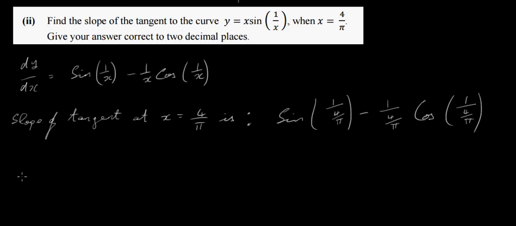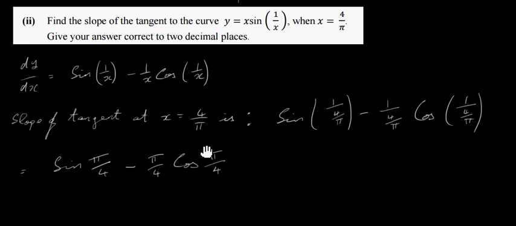Let's work all that out. The sine of 1 over 4 over pi is just sine of pi over 4. Just flip it upside down and multiply. Do the same here: that's minus pi over 4 multiplied by cosine of pi over 4.